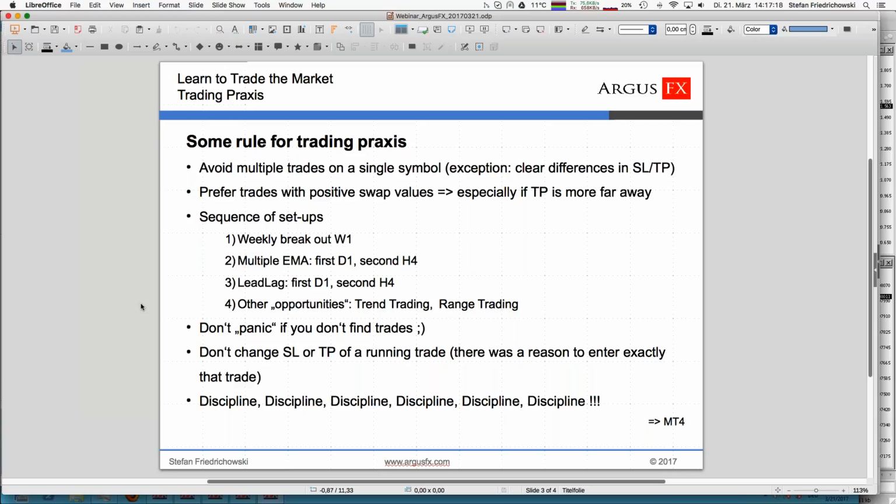The next remark, and you see that I follow that by 100%, is that I don't change stop loss and take profit values for running trades. So for ongoing trades, and by the way, for pending trades as well, I would not change a stop loss or take profit. Simple reason, there was a reason to open that trade at that specific time with exactly those values of volume, stop loss, and take profit. So why now change?